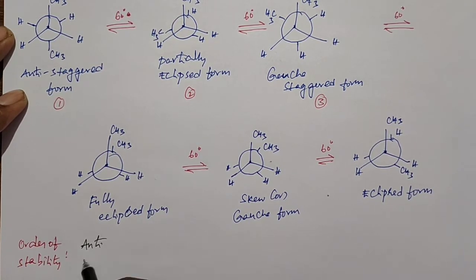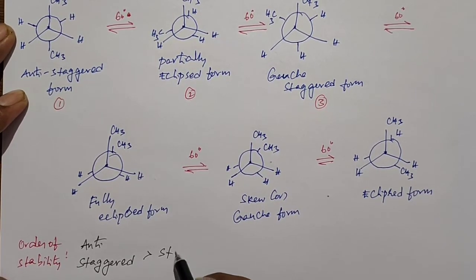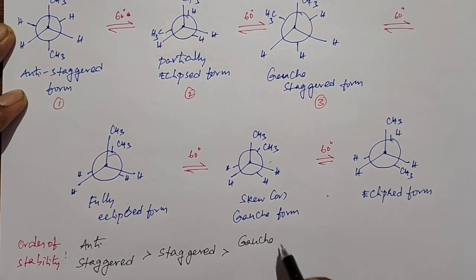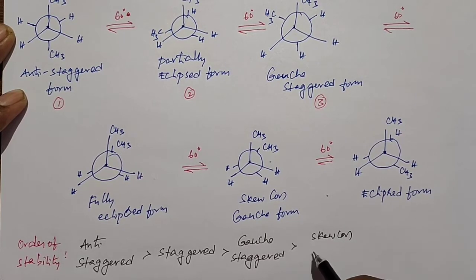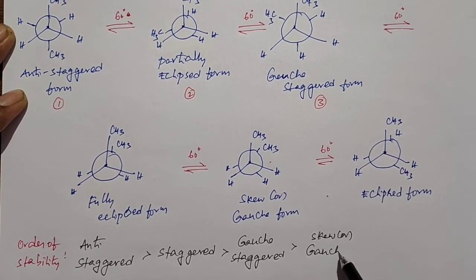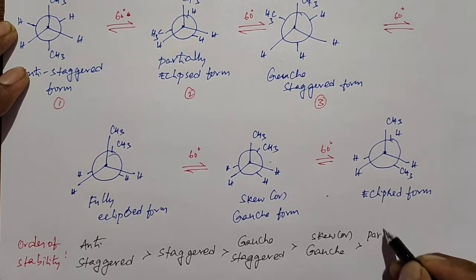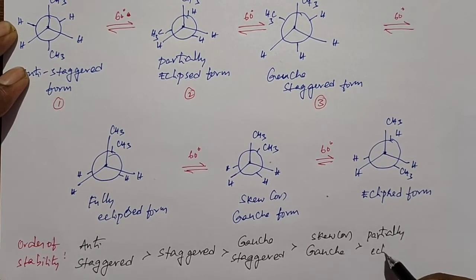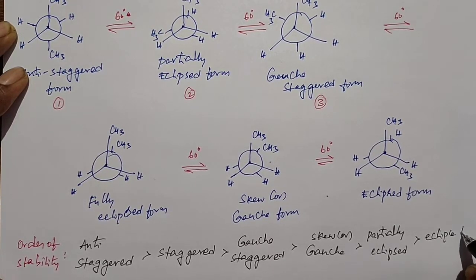So anti-staggered is the most stable. After that, Gaussian staggered, then the Gaussian or skew form, then partially eclipsed, then eclipsed, and at last fully eclipsed.